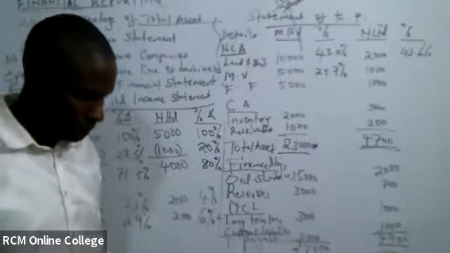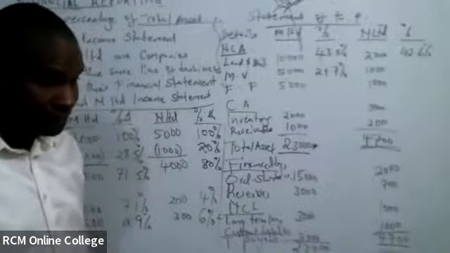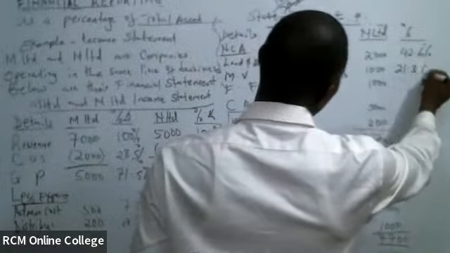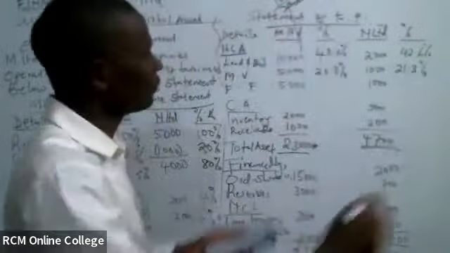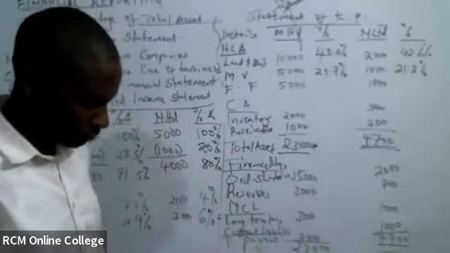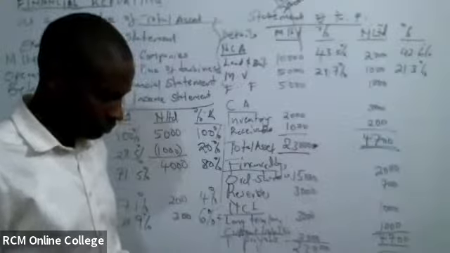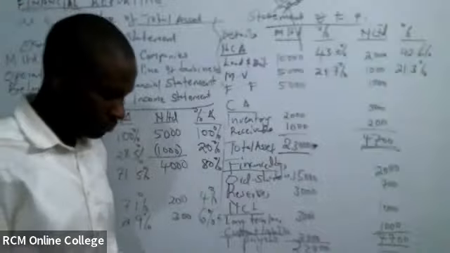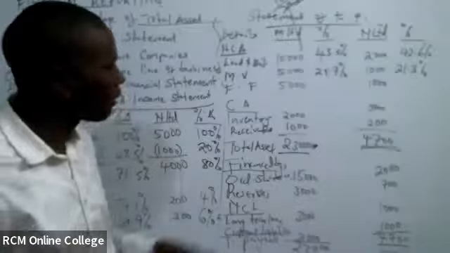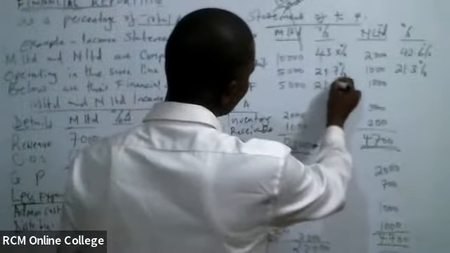The other side: 21.3. They are almost the same. Okay, no worries. This will be the same, 21.7%.